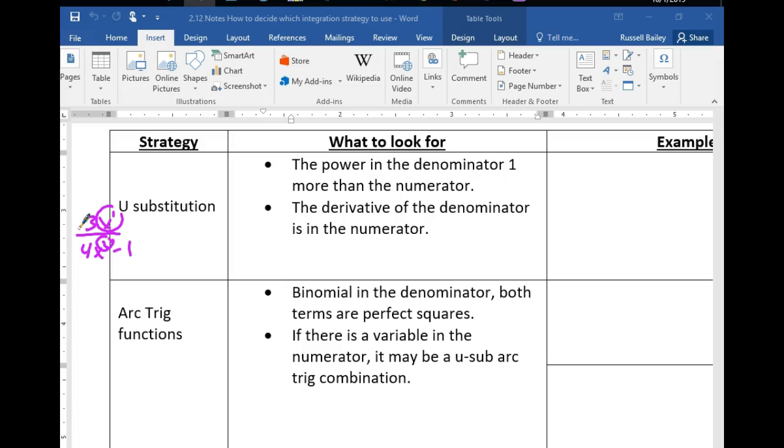And pretty much what's going to happen is that's going to turn into an ln problem. You might want to just put that there. It's going to be an ln at that point. In this case, u is the denominator, and you end up with an ln problem as a result. Okay? So add those two things. U is the denominator, and you get an ln. Okay? Let's go ahead and take a look at the next one here.